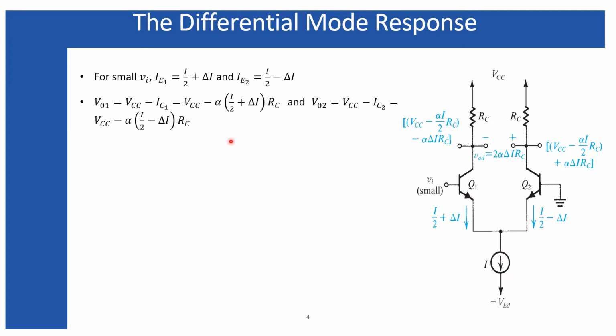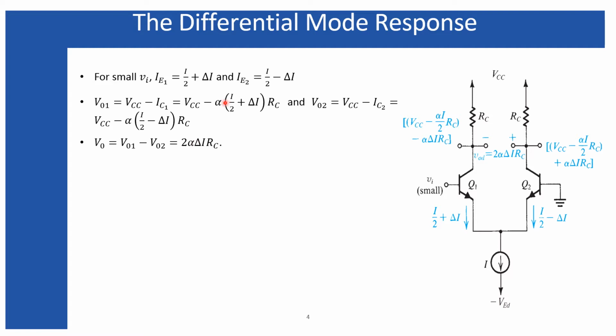Now the differential output voltage. This is the V01 voltage across the first transistor Q1, VCC minus IC1, and IC1 right now includes the differential version of IE1, so alpha times IE1 times RC. A similar expression can be written for V02, which is appearing across the transistor Q2, and their difference defines the differential output, and that includes this delta I term.